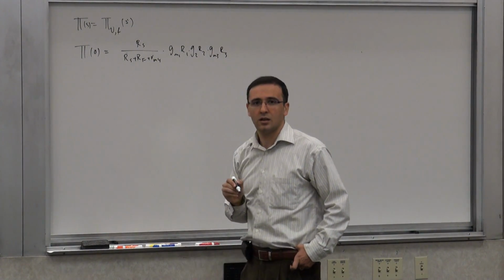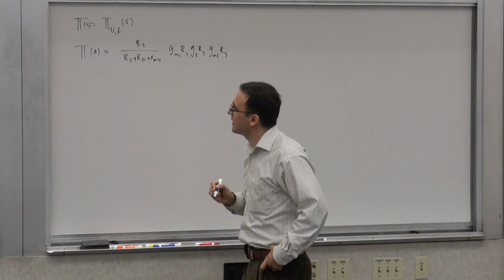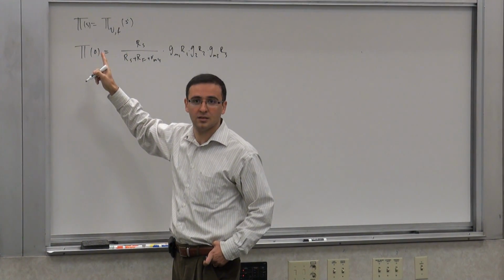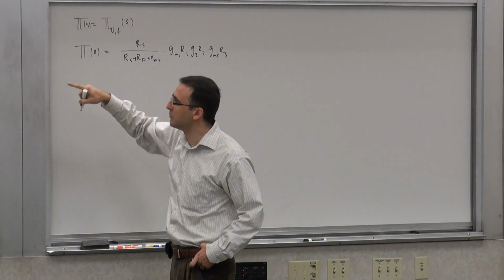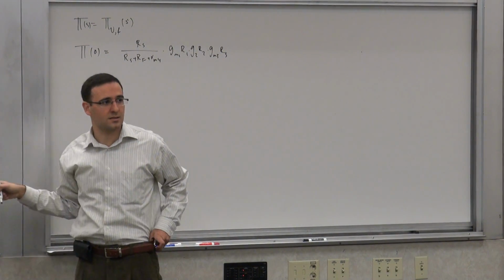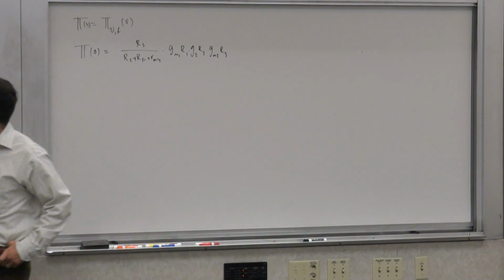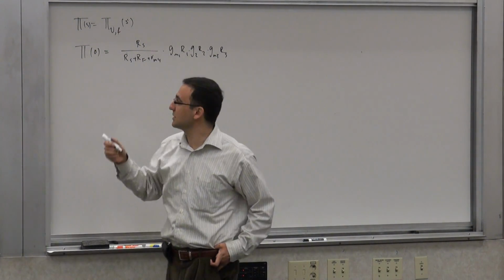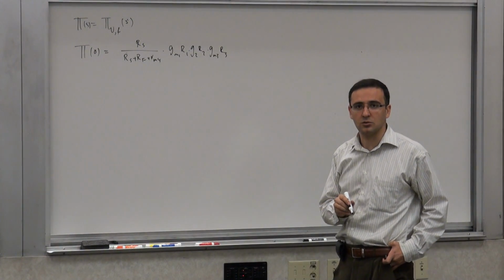That's my loop gain. It had a minus sign, but the minus sign cancels because of the definition of the loop gain. Remember, it's minus Vy over Vx. Because there are three minus signs, there will be one minus sign left, and that one minus sign is cancelled with this. So this is my low frequency loop gain.